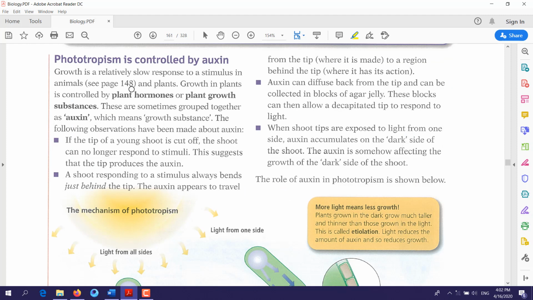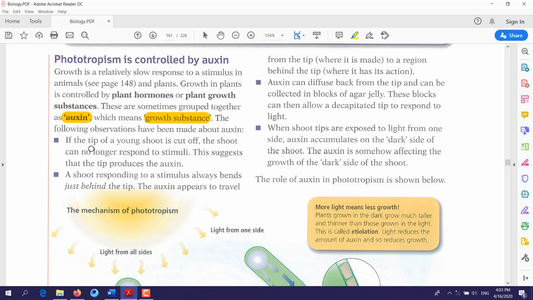Phototropism is controlled by auxin. As we mentioned before, animals, humans for example, and plants, all of them grow with the help of hormones. In plants, we have one hormone, we call it auxin. Auxin means growth substance, the hormone that enables plants to grow.